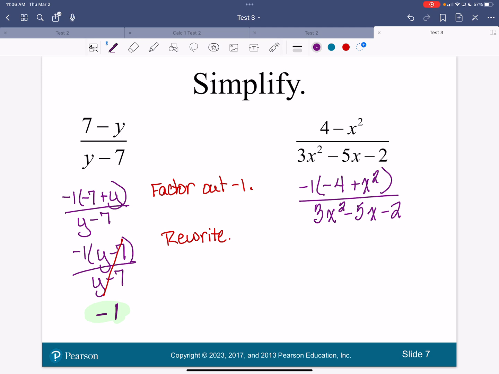Now I'm going to do the rewrite. So keep my negative 1 on the outside, and I have x squared minus 4. Okay? Now, I am going to rewrite this on the next page.